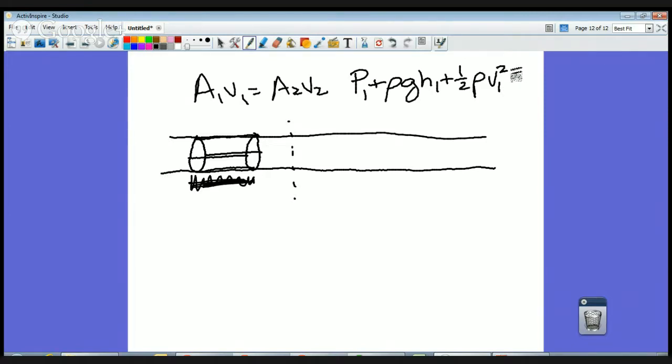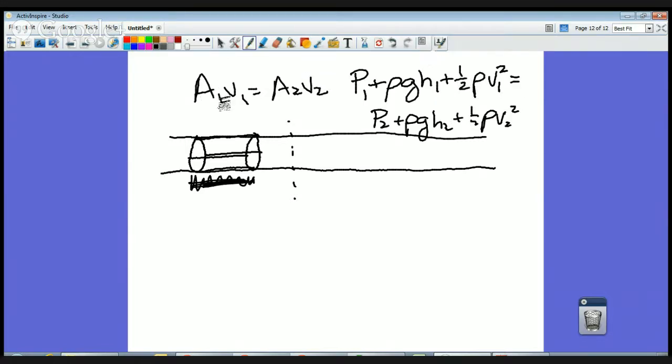So at any other point, you can set all this equal. So at another point, P2, right, all this is equal. So that allows you to find pressures or velocities or different things.